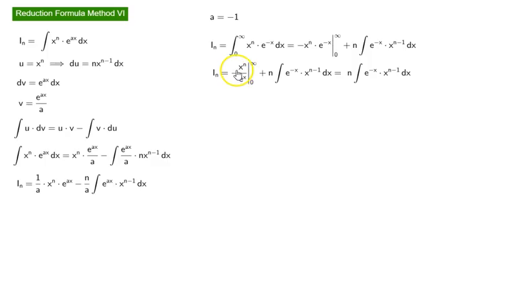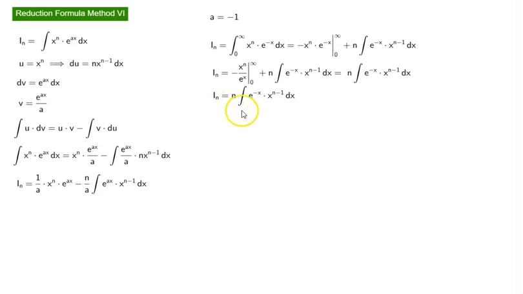And when we substitute 0, 0 to the power of anything is 0, but in the denominator we end up with e to the power of 0, which is 1, so that will also be 0. So this first term disappears entirely and we are left with only the second term.